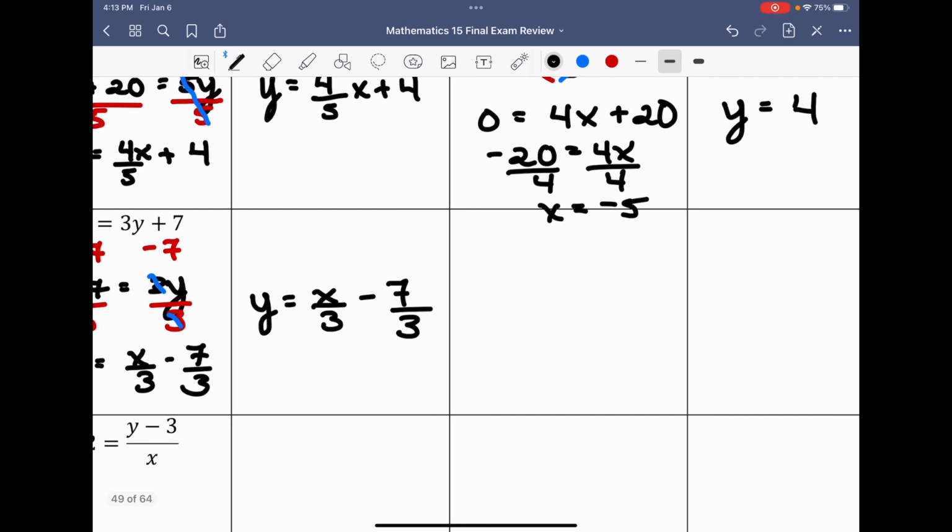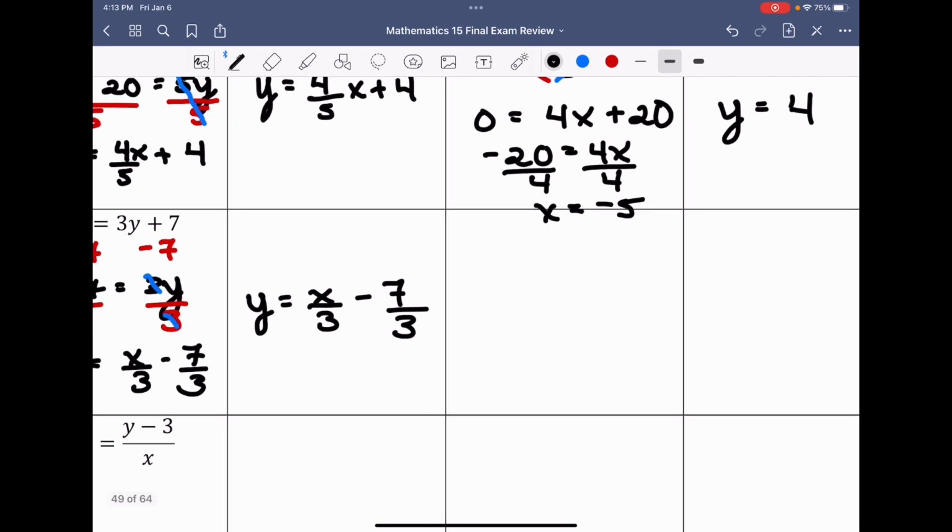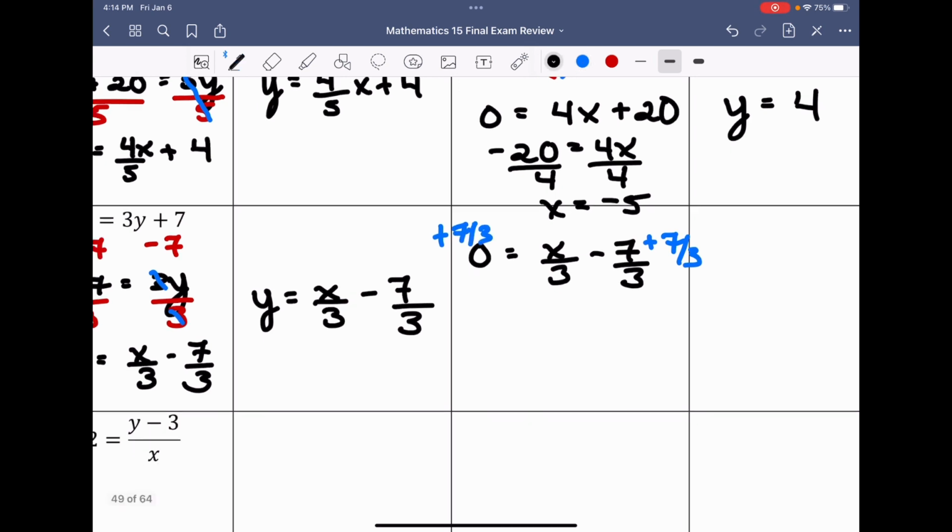Perfect. And then from here, what I'm going to do is I'm going to say, if I have this form, well, to determine my x-intercept, y has to be equal to 0. So x over 3 minus 7 over 3. I'm going to add the 7 over 3 across to both sides. Okay, that's going to give me 7 over 3 is equal to x over 3.